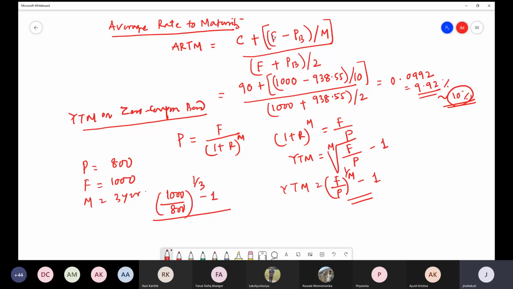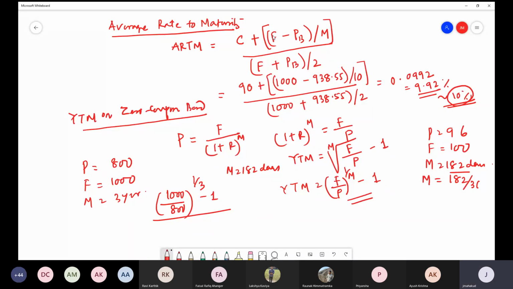But if the maturity period is less than 1 year, then you can use day count conventions. For a zero coupon bond, if you are using actual by actual, let M be equal to 182 days, P is equal to 96, F is equal to 100. Then if the maturity period is 182 days, you have to make it annualized. The day count convention is 182 by 365.